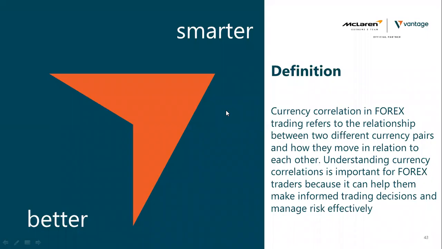If they give you two signals, Euro USD is a buy and GBP USD is a sell, you ought to know that one of those trades is wrong. Without looking at the analysis, without doing anything, you can already know that one of them is wrong because of correlation, right?